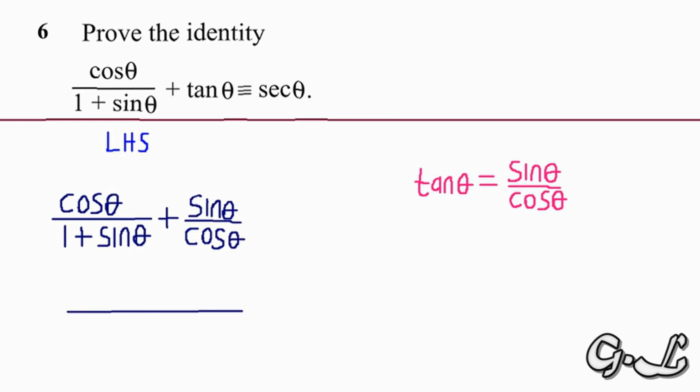And then after this, what is the next thing? We're going to combine these fractions so that they become one. How are we going to do that? We're going to simply add these fractions. We're going to say cos theta over 1 plus sin theta, plus sin theta over cos theta. If you are proving identities, it is advisable to convert everything to sine and cos.